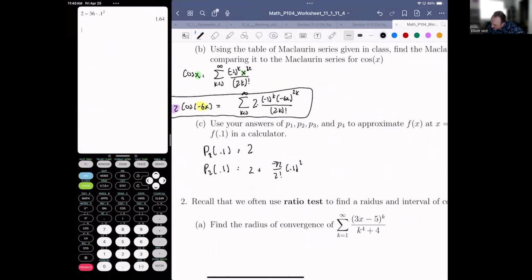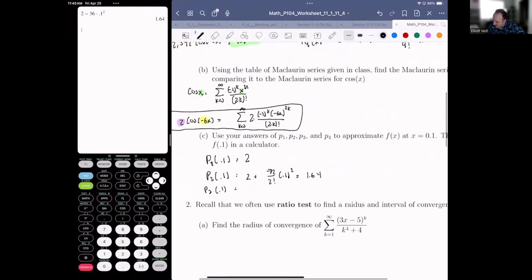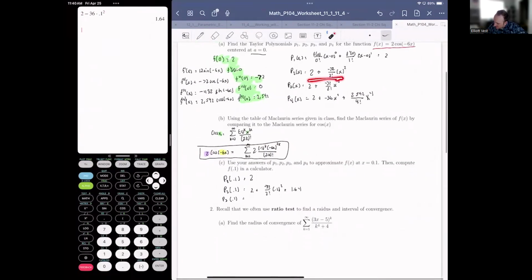That is equal to 1.64. P3 of 0.1 equals the same value, 1.64. P4 of 0.1 is equal to this same stuff plus this next term.